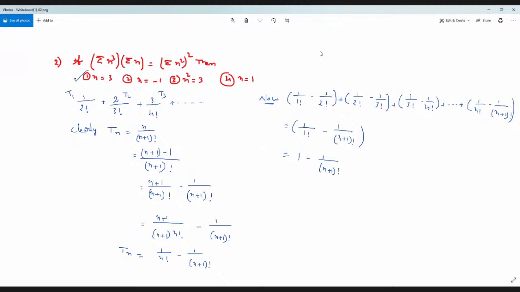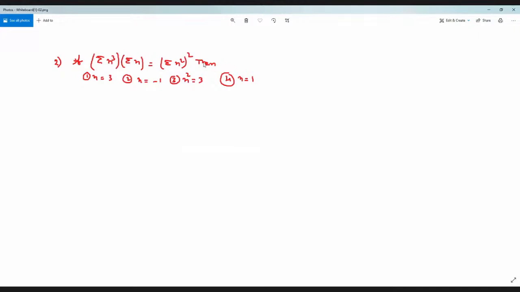If sigma n power 3 into sigma n is equal to sigma n square whole square, then what about the n value? We know that sigma n is n into n plus 1 by 2. Sigma n square is n into n plus 1 into 2n plus 1 by 6. Sigma n cube is n square into n plus 1 whole square by 4.